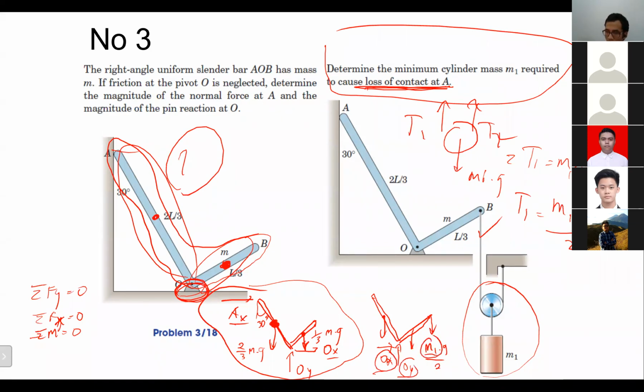Yes. You will be able to get M1 because we have sigma Fx equal to 0, sigma Fy equal to 0, and sigma moment equal to 0. And if the question is just M1, actually one equation is enough, which is sigma moment at point O. Using sigma moment at point O, you will be able to get M1 directly.